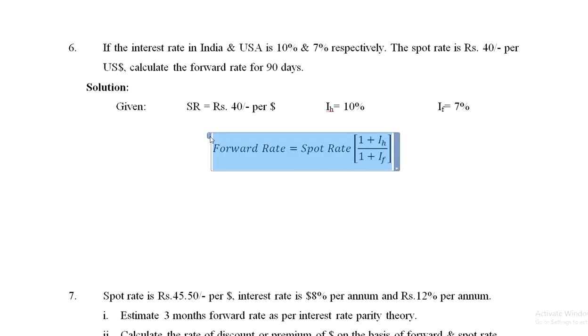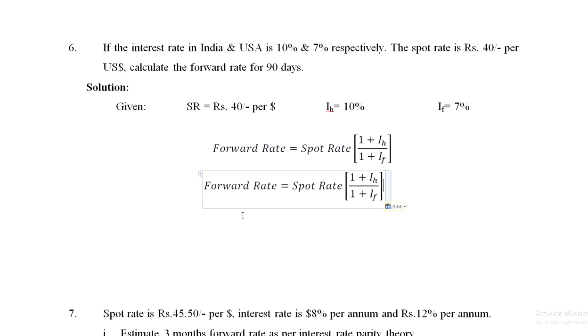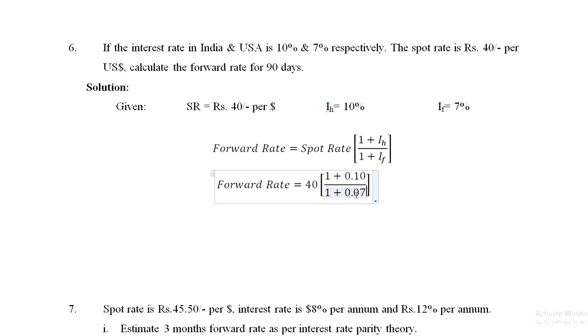So let us come up with a solution. Let me try to answer this. The spot rate in India is 40, the interest rate in the home country is 0.10, and the interest rate in US is 0.07. Now you have to be very careful.